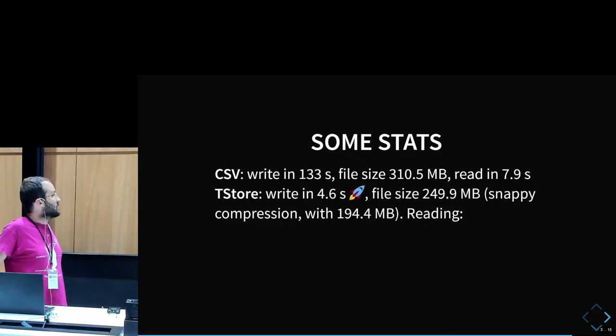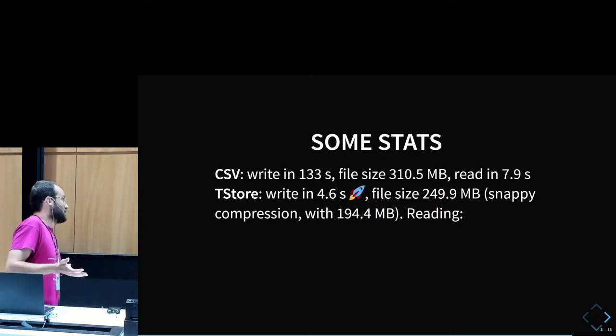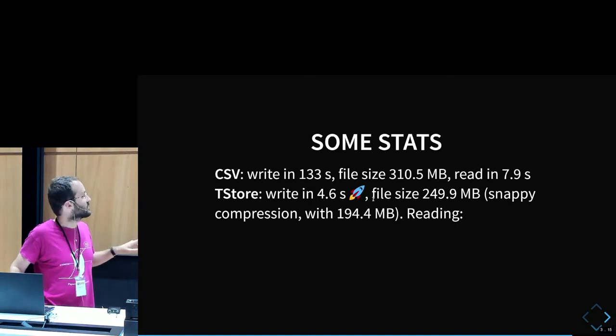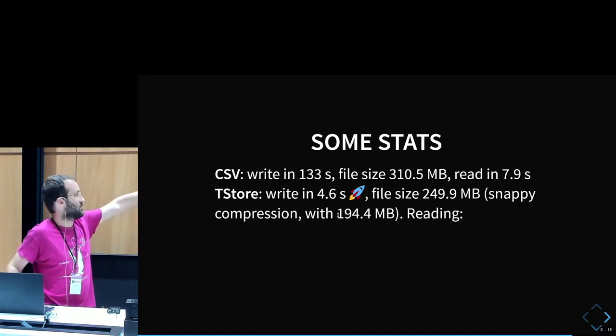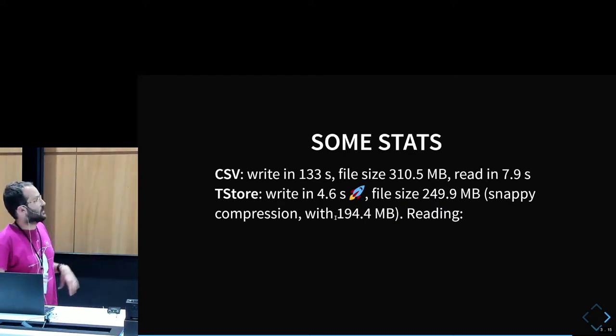The TSStore was written in less than 5 seconds, and the file size with snappy compression is about 250. There's a typo here: this is with gzip compression, which is directly supported with Apache Arrow. With gzip compression, it's less than 200 megabytes.